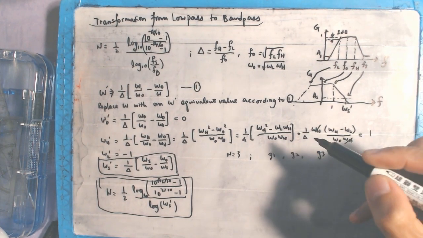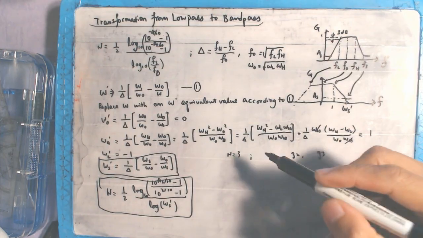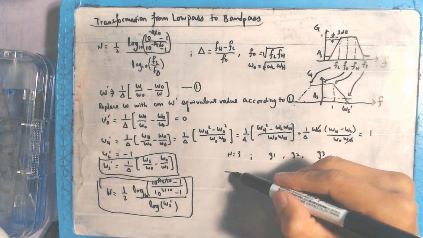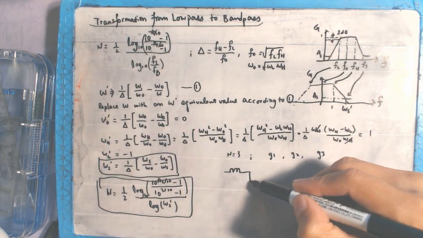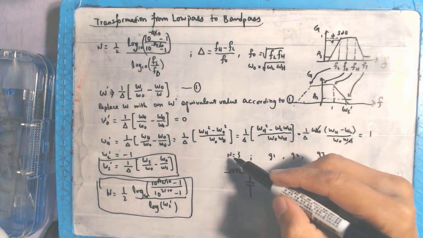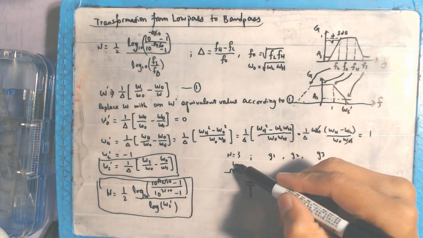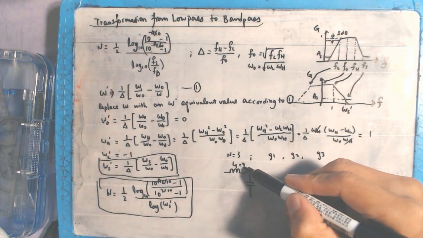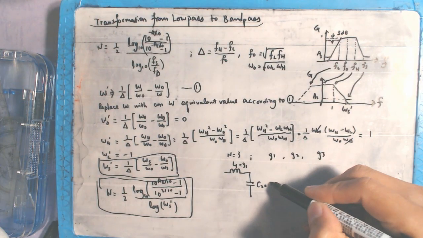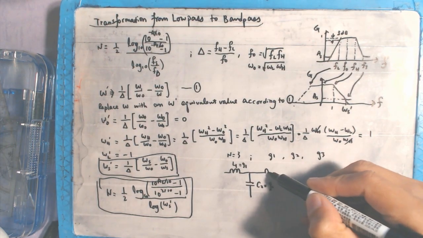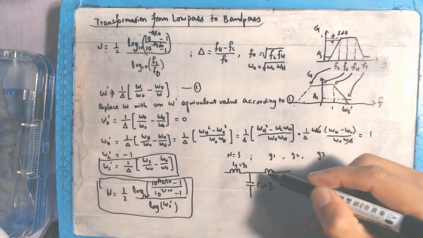And from here, you can either end up with a filter topology for low pass, where L1 will become G1, and C2 is G2, and similarly L3 will become G3.